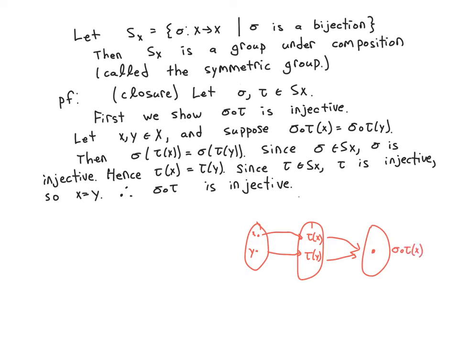And the point is, because sigma is injective, that tells us that these two points actually had to be the same. So we drew the picture wrongly. You must actually have this picture. And that's one way to think about injectivity, is that this picture doesn't happen.